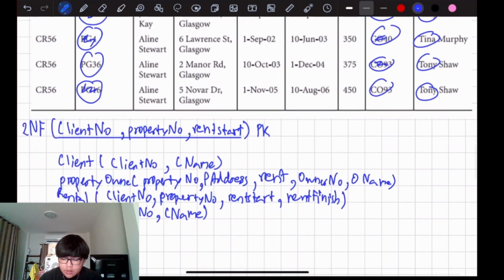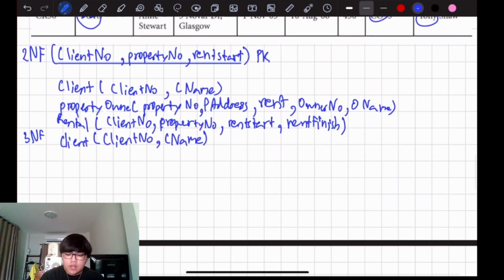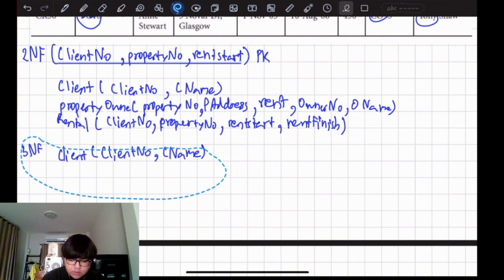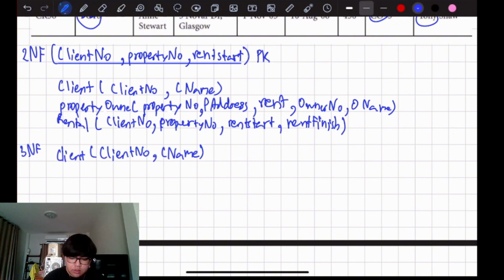Okay, let's split it into tables. Here we have the first table, the client table. Next is property owner. We need to split it into a table, but it has the same name table and a new table. So the same name table is property owner.